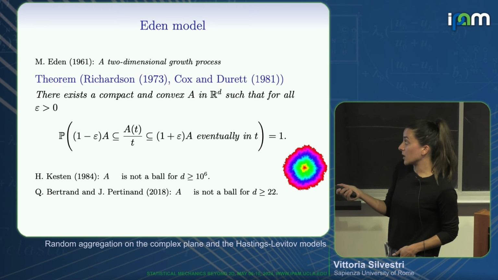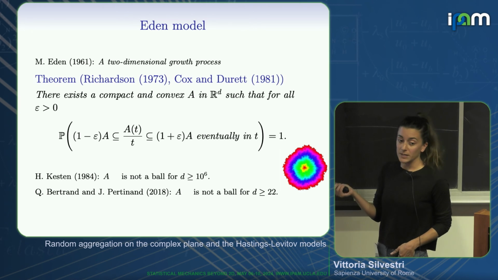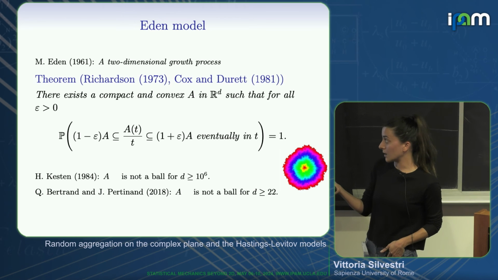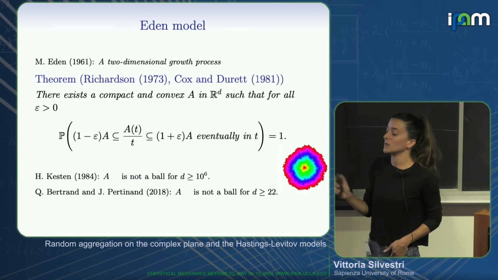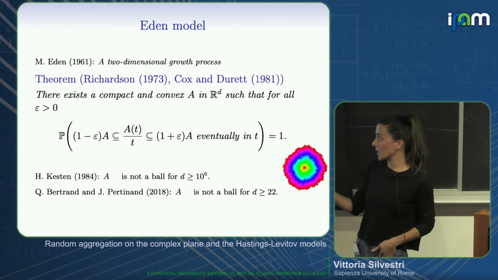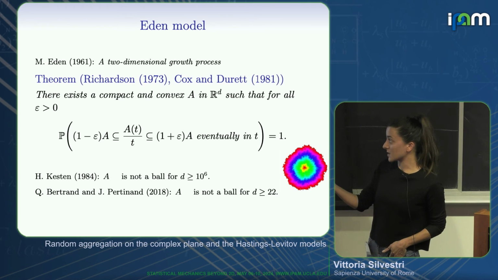It's been known for a while that the Eden model has a limiting shape. If A(t) is the random cluster after time t, and I don't want to comment on how time is indexed in this theorem, then this cluster is very close to a deterministic shape, which is called A here.